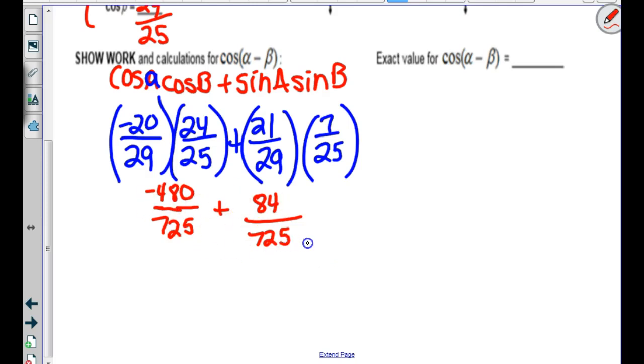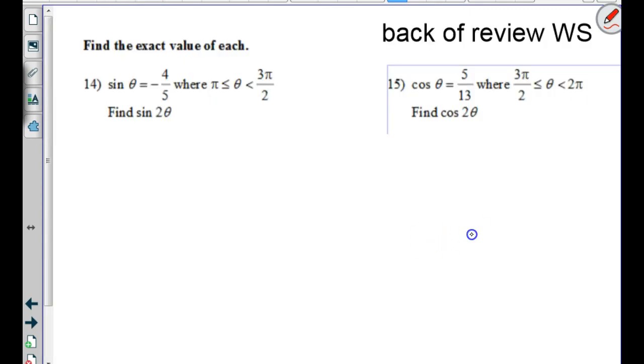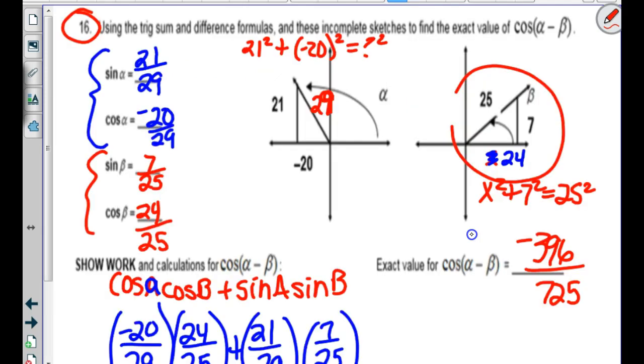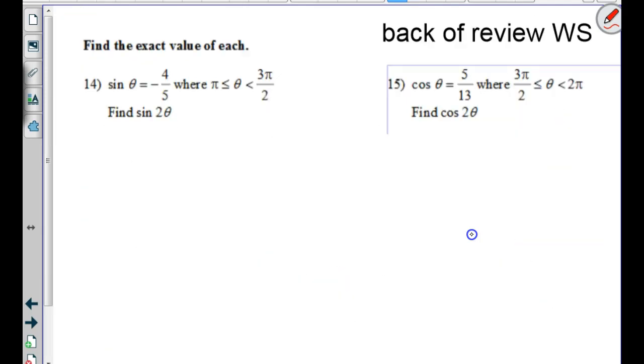Add the top, keep the bottom. 396 negative. But you could have done the whole thing on your calculator, right? Any questions? More practice on that. I think there's some on worksheet 10. I'm not positive. Okay, we got to do one more.